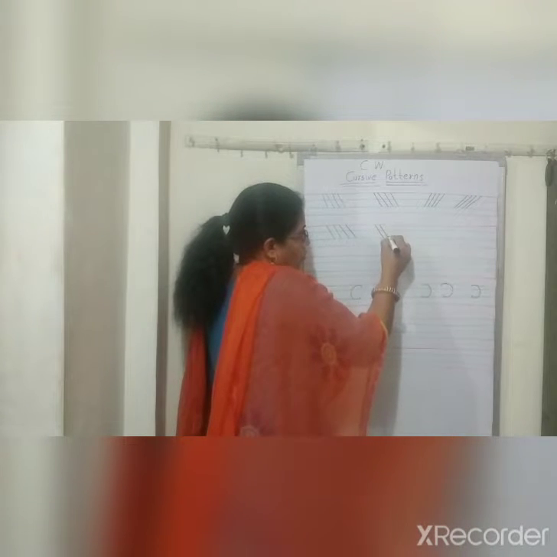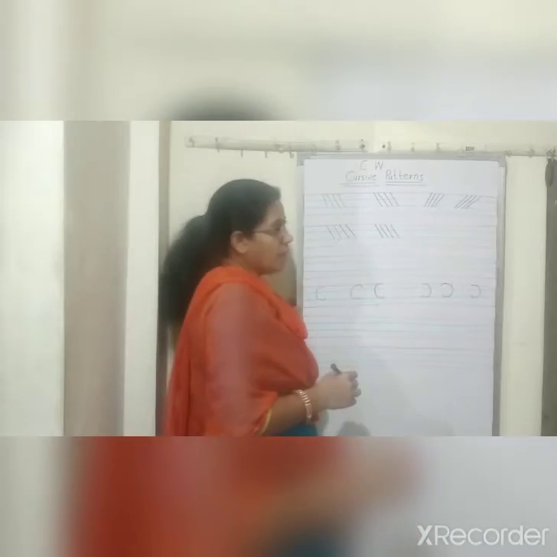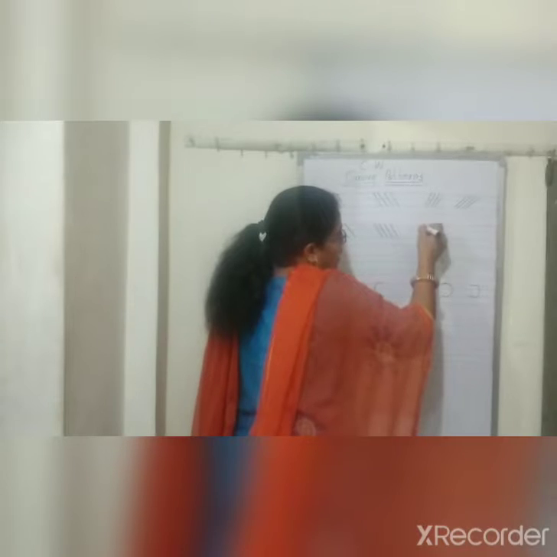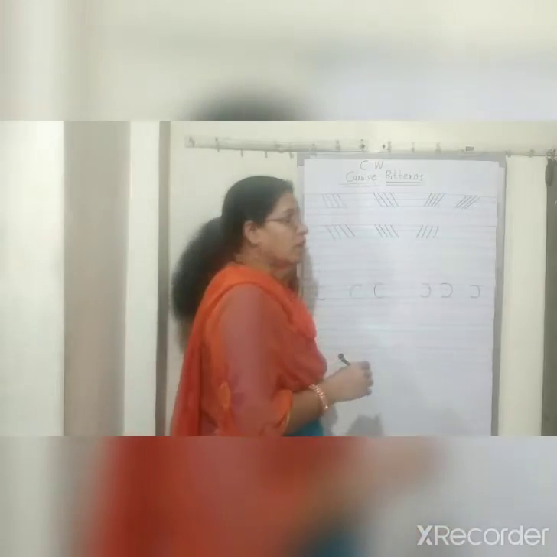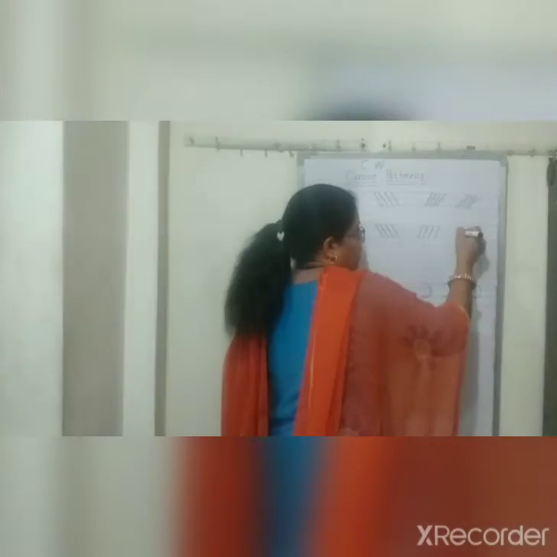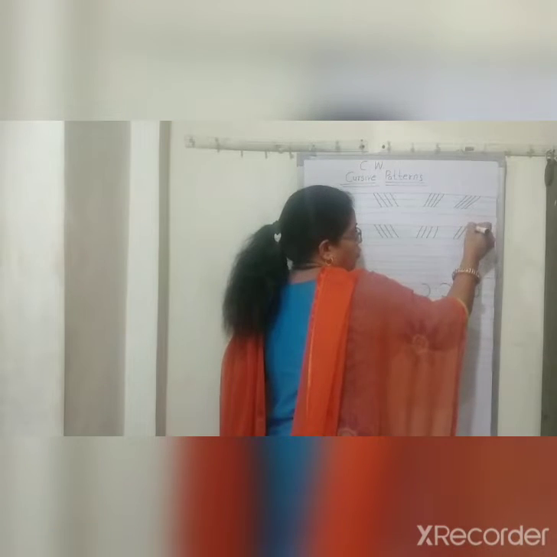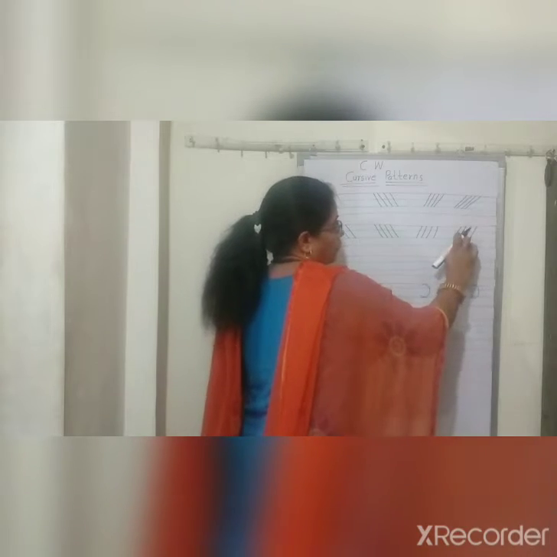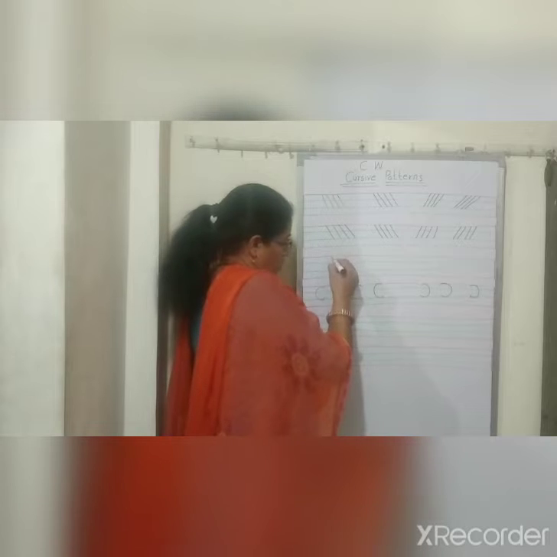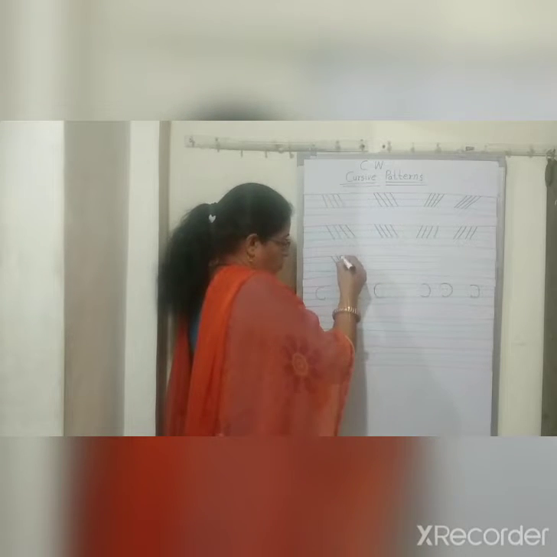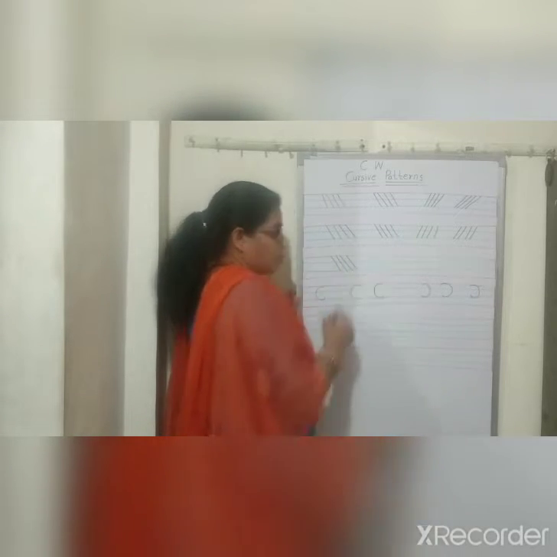1, 2, 3, 4. Okay, now right slanting line. 1, 2, 3, 4. Okay, now we will copy this. 1, 2, 3, 4. Okay, now we have to do it again. 1, 2, 3, 4.